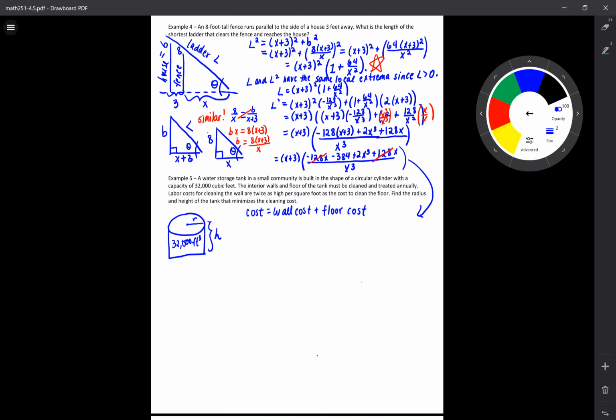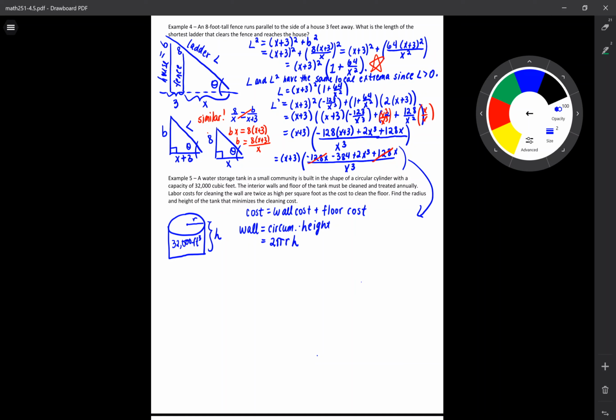How can we express the surface area of the wall in terms of r and h? Well, if we think about what the wall is, it's the circumference of the circle, that's like the length of it, times the height. So our wall is equal to circumference times height, and circumference is equal to 2 pi r, so the wall area is 2 pi r h.